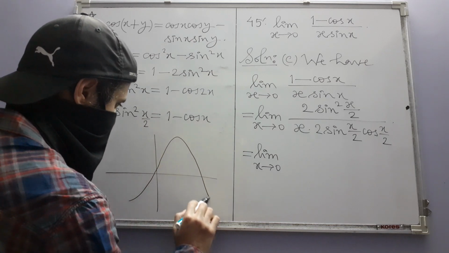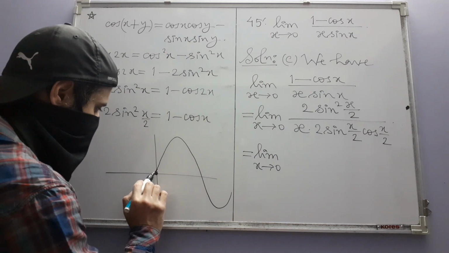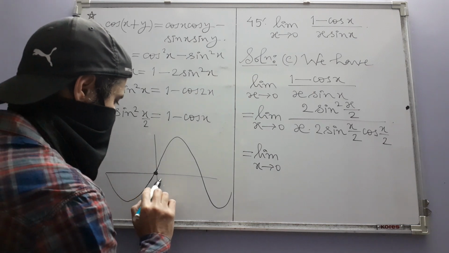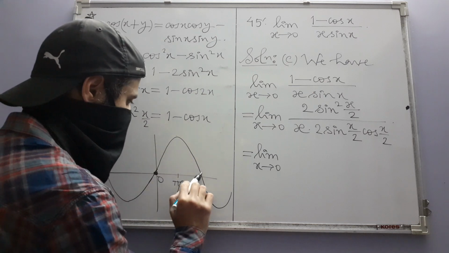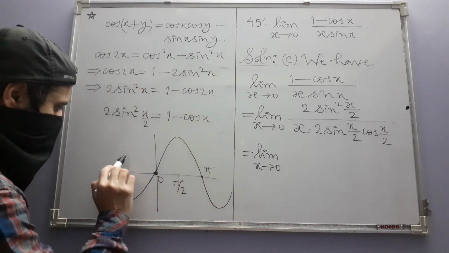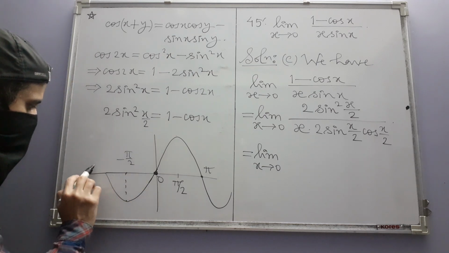It goes like this and then again comes down, then again goes up. You understand that this passes through the origin. Now, this point is 0, this point is pi over 2 where it becomes 1. This point is pi, similarly, this is minus pi over 2 at which it becomes minus 1, and this is minus pi.